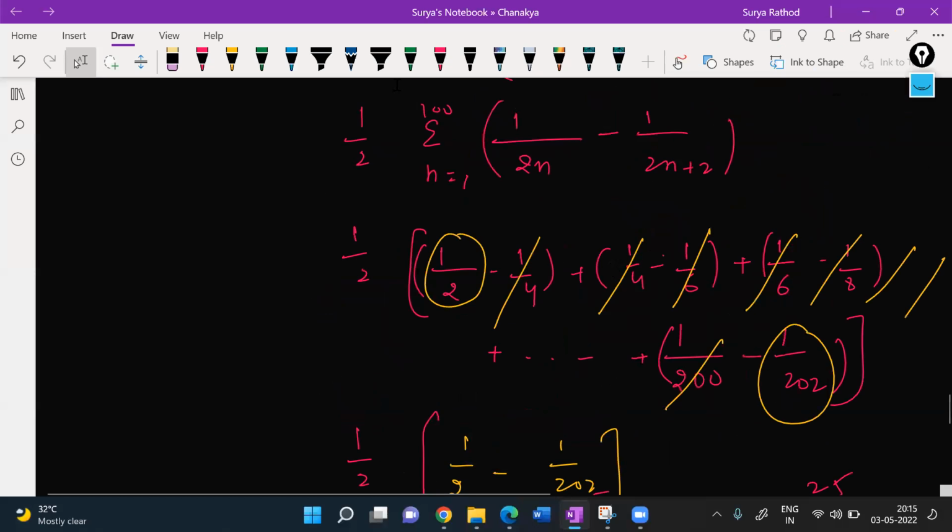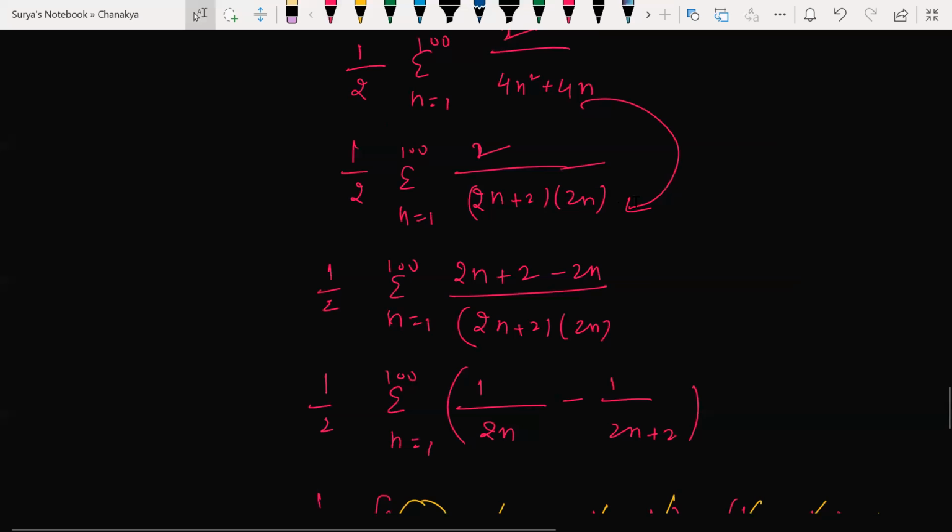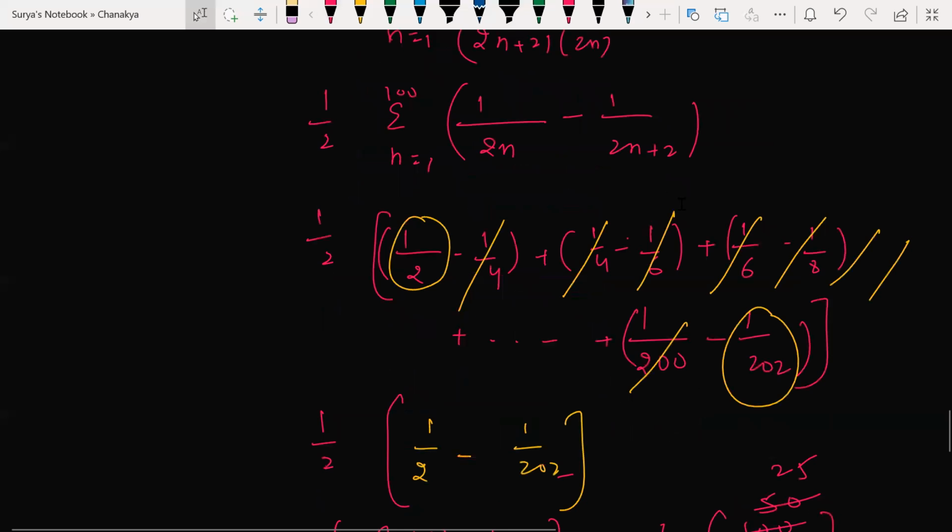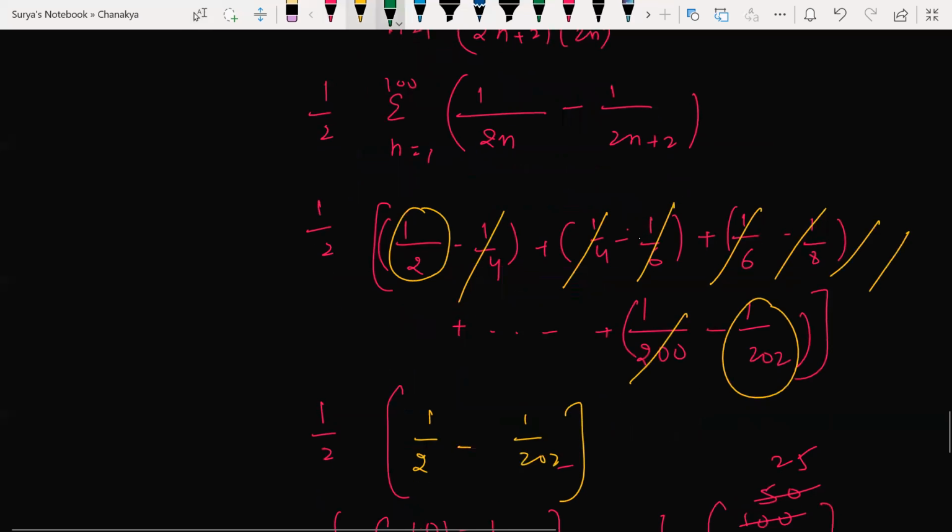See, this type of questions are quite simple actually, very interesting too. I didn't do anything, beta. For understanding purpose, I wrote each and every step. But if you solve with pen and paper, you need not write all this stuff. So the first term, what did I do? Look here, I substituted n value 1. If I substitute 1 here, this is the term I get. If I substitute 2, this is the term I get. N value 3, till you substitute 100.